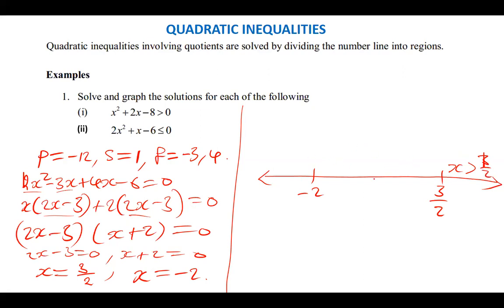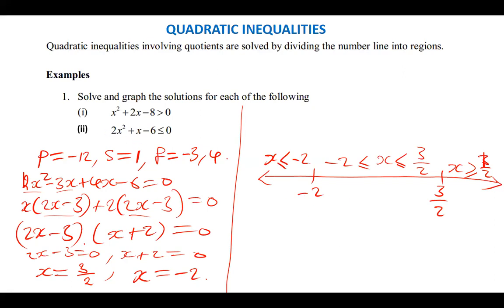And then numbers that are between here will just say -2 less than x less than 3/2. But because there's this less or equal to, even the symbols there are going to say greater or equal to, and even there less or equal to. So numbers that are less than -2, say x less or equal to -2.